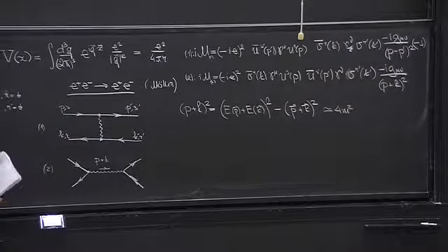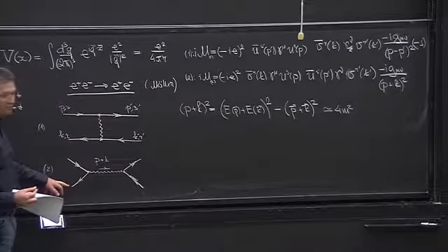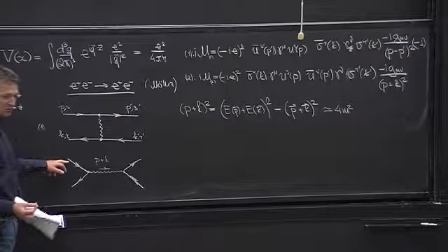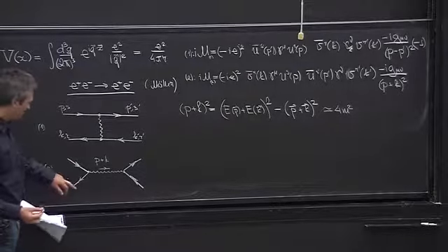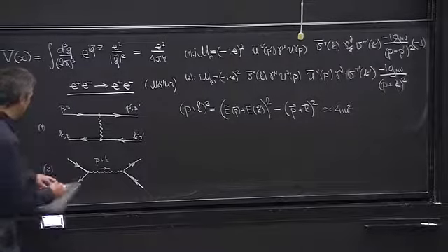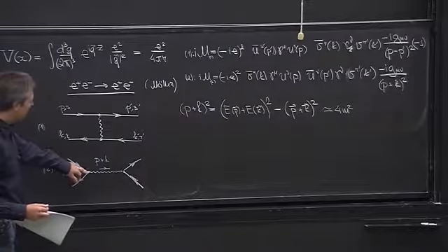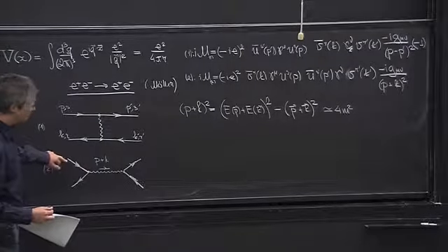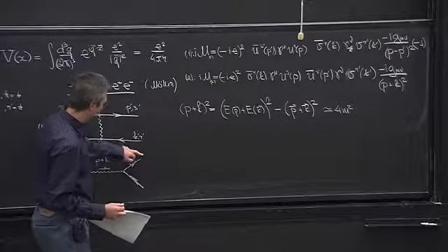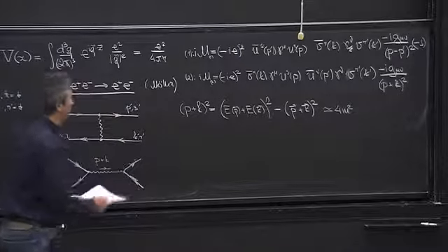Maybe I expressed myself not completely clearly. But we read each line from the end to the start. So we start from the end of each line. So this would be V bar, and then gamma, and then U. Here we start with the U bar, and then another gamma, and then V. So that way we get it.